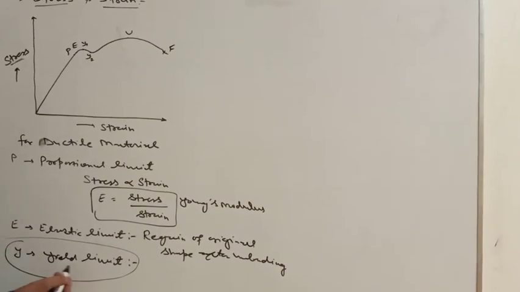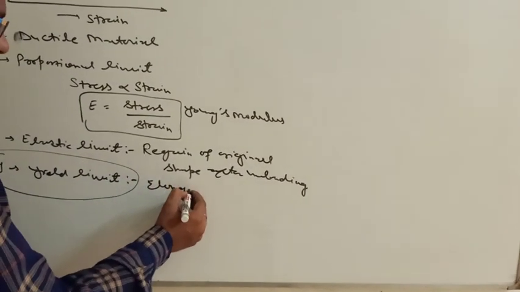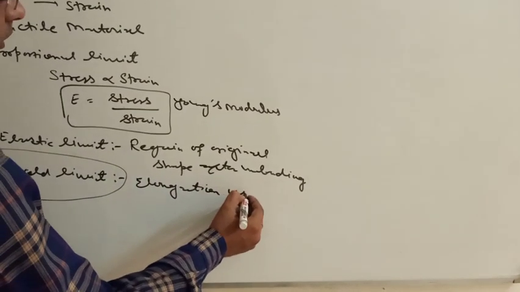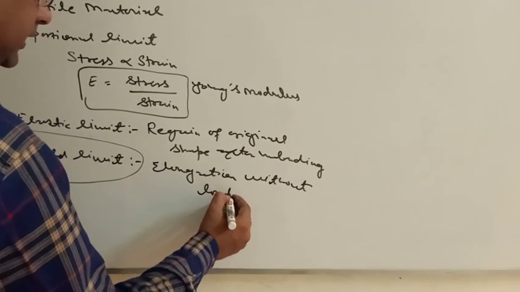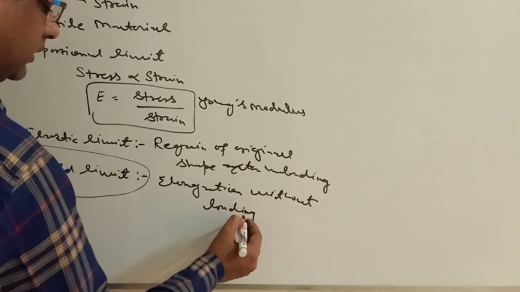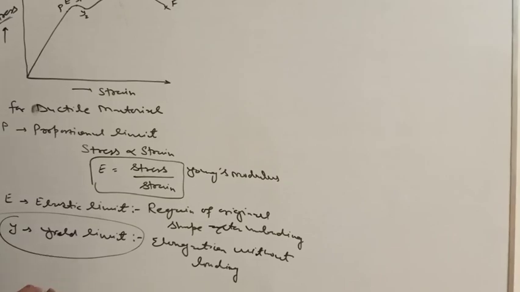This situation is known as the yield limit. It means elongation without loading. If there is no loading, at that time elongation takes place, and this limit is the yield limit.